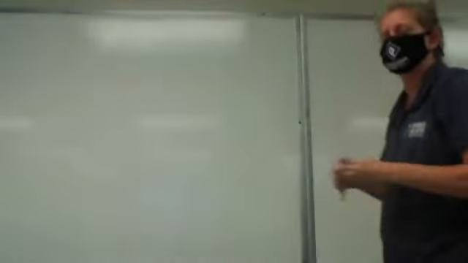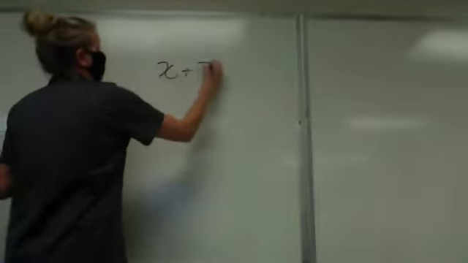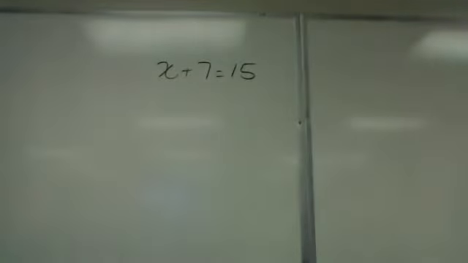Okay, so first, before we do that, I'm going to go over some of the kind of problems that we did in 2.1 just to lead us into this. So remember, when we were doing 2.1, you had problems like x plus 7 equals 15.